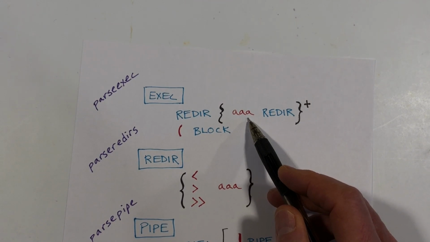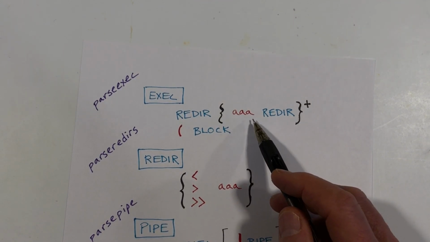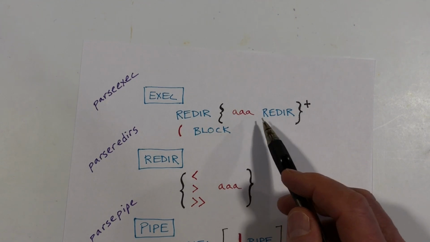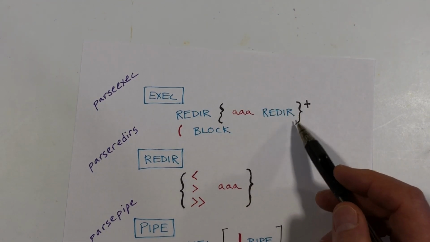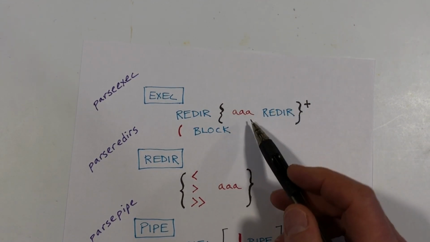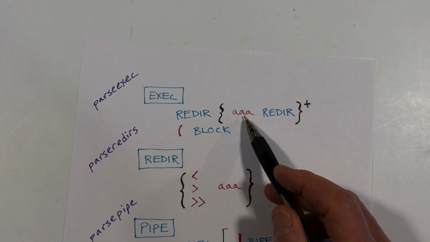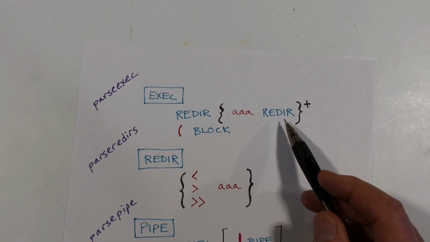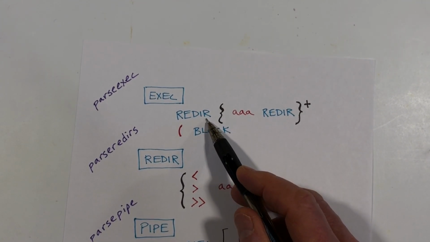The first one will be the program name, and any additional tokens will be the options. This notation, a brace with a plus sign, means 1 or more. So we have to have at least the program name, and we may have 0 or more options following that. Now we also see redirects here.